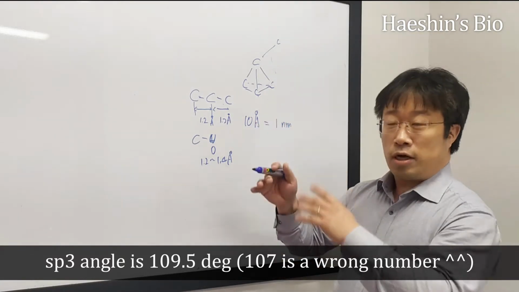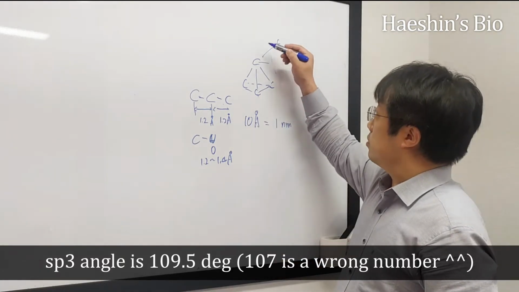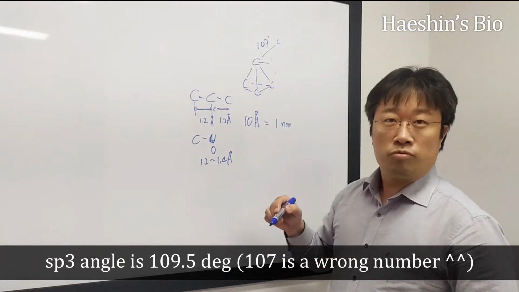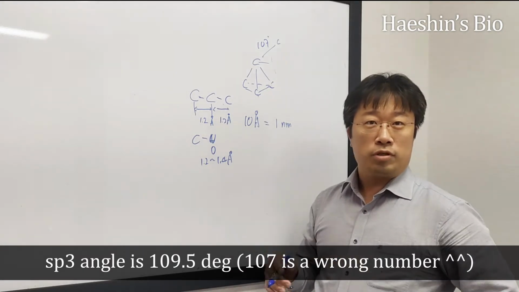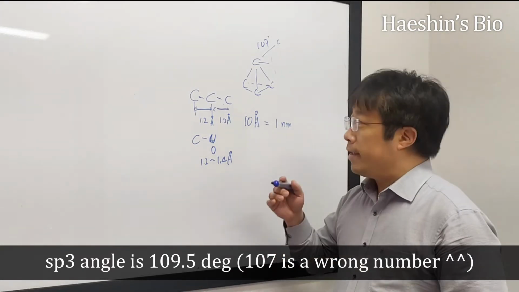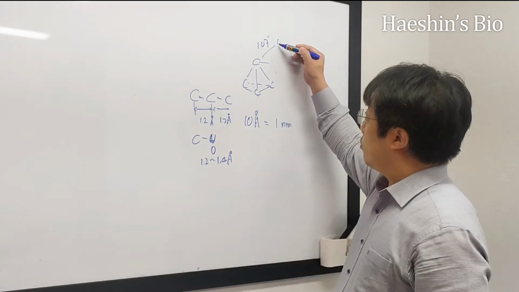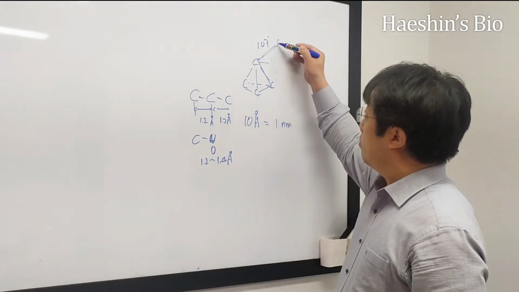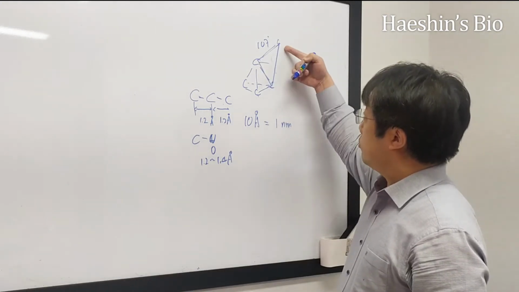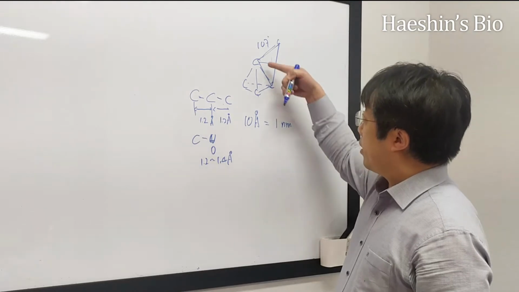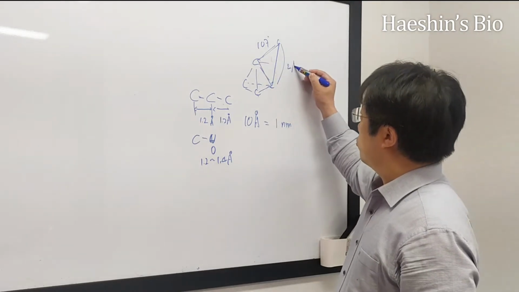If you take the cosine of this angle, the sp3 orbital structure, then the direct distance between carbon and carbon via the middle carbon is about 2 angstrom.